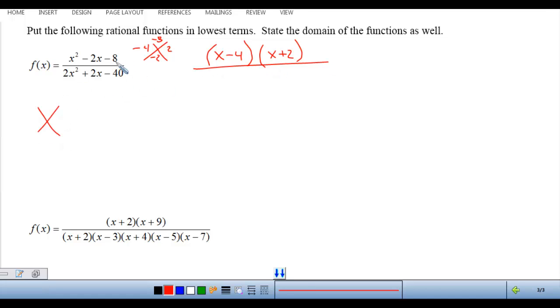And in the denominator, let's see. Actually, it looks like there's a 2 in common in all those terms. So I'm going to go ahead and factor out a 2 first. So it would be 2 times x squared plus x minus 20.